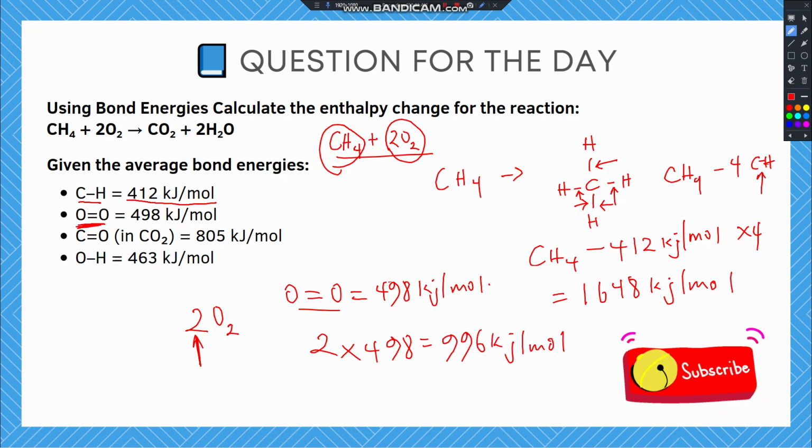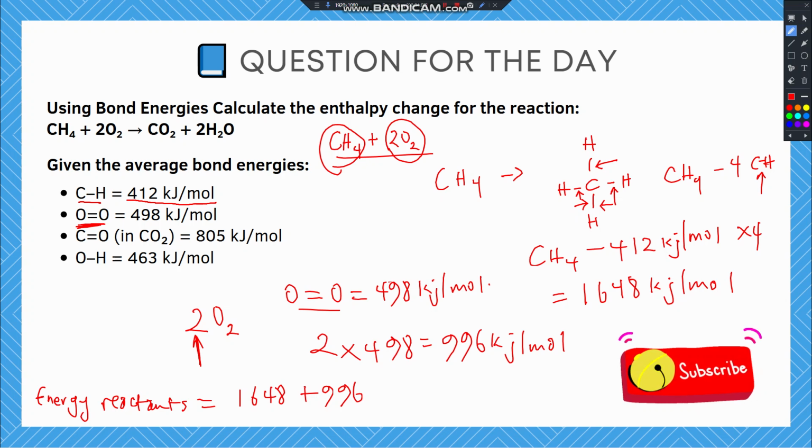So altogether, the energy for the reactants will be equal to 1,648 plus 996. That gives us 2,644 kilojoules per mole for the reactants.